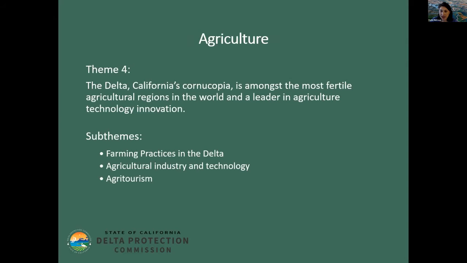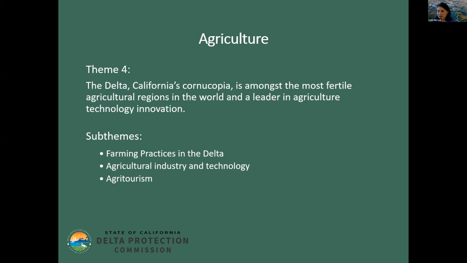The next one is about agriculture. This was a prominent theme because it is also the leading industry. A lot of the conversion that happened created a really good agricultural landscape, and it's one of the most productive agricultural areas in the country.